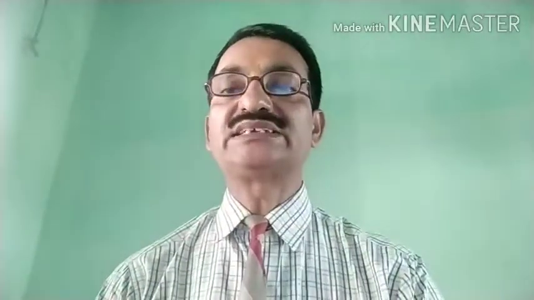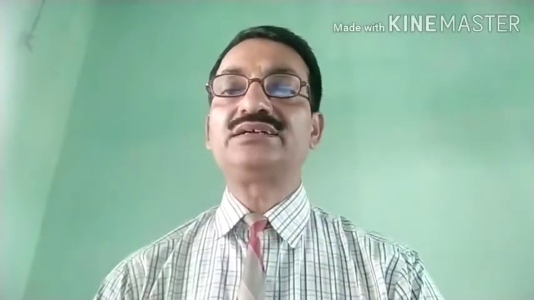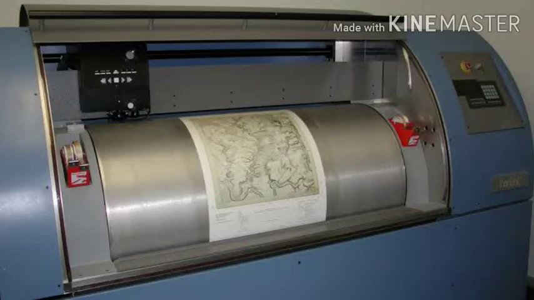The next one is the drum scanner. The drum scanner is the old scanner type, and in this scanner the paper that we require to scan is put under the scanner, and the source paper is rolled into the scanner for reading the contents.